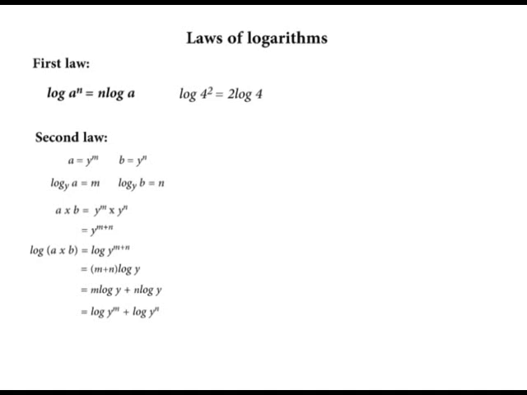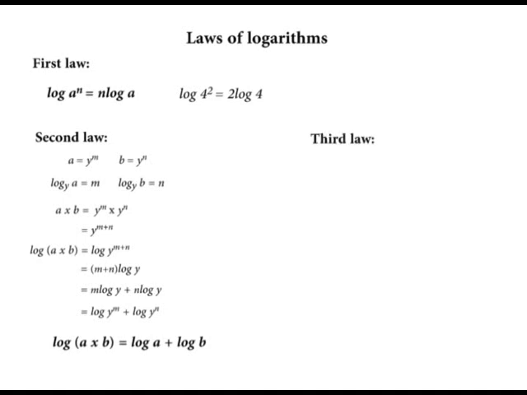But then y raised to m is equal to a and y raised to n is equal to b. If we substitute this, we shall have log of a times b is equal to log a plus log b. And this is the second law of logarithms.